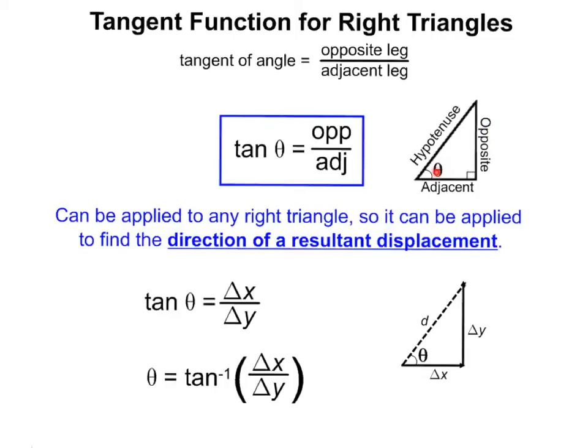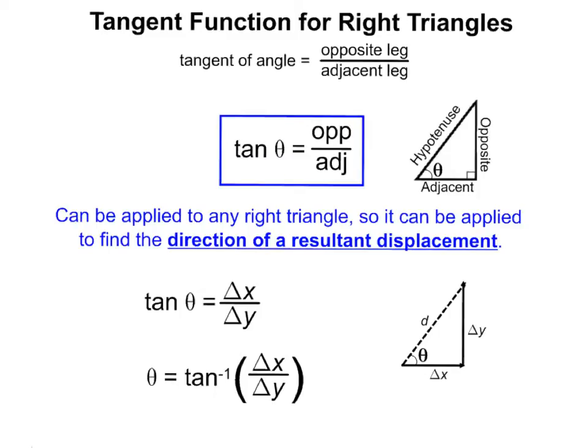Here's the opposite to the theta. Here's the leg that is adjacent to that angle. It's the one that, in this case, is forming the right triangle, not the hypotenuse. The hypotenuse is the segment that is opposite the right angle. So if we abbreviate that, tangent of theta equals opposite over adjacent.